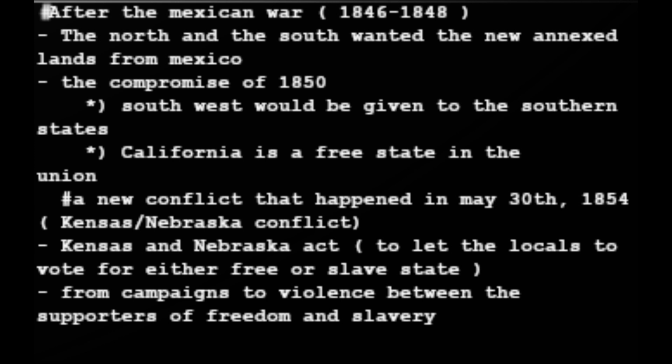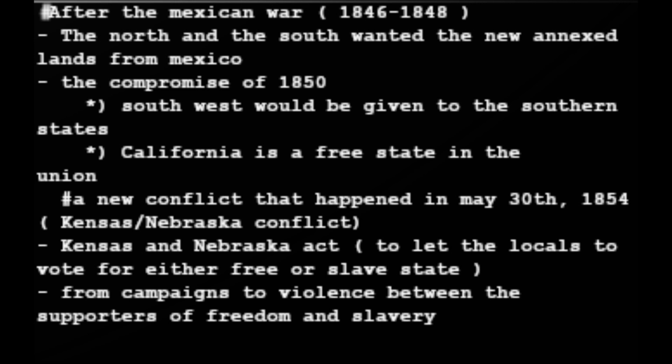All these states were taken during the War of 1846 until 1848. When you have new lands, the North wants these lands because they're rich, and the South wants these lands as well because they're rich.